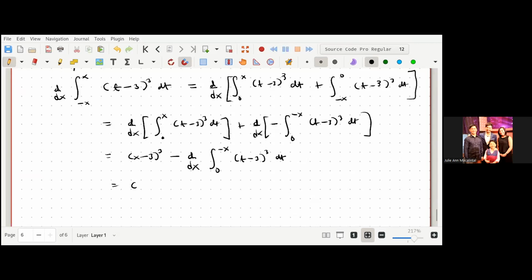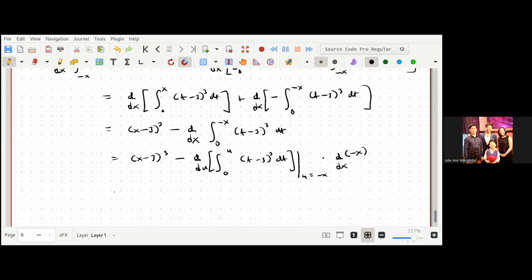If we now use the chain rule, and then evaluate at u equal to negative x. Tapos yung derivative with respect to x of negative x, kasi yan yung u, we get x minus 3 cube minus derivative with respect to u.